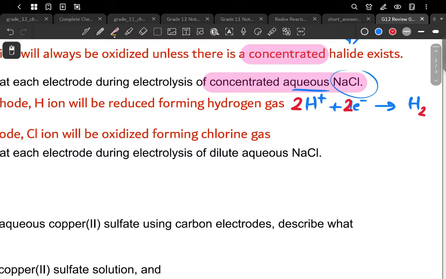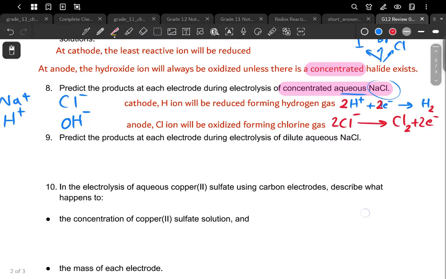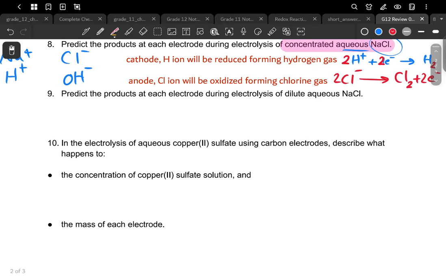Because this is a diatomic molecule, in balancing the equation it finally appears as the equation that you see right here. And the chloride ion has a negative charge, so it loses its electron at the anode, forming chlorine plus electron. Chlorine is also a diatomic molecule, so I have to add 2 here and 2 and 2, so now the equation is balanced. We'll have a question about half equations at the end of this worksheet.